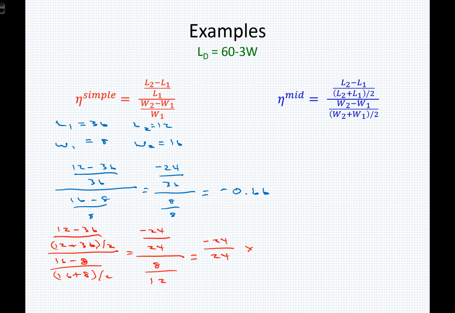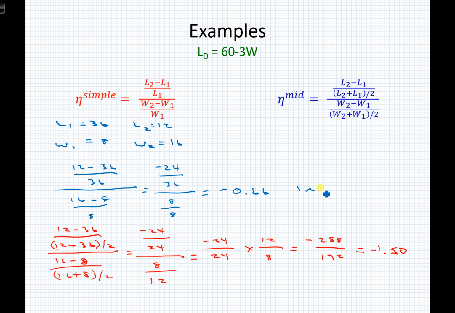And let's just multiply this by inverting the denominator. And when we do that, we see what we end up with is negative 288 divided by 192, which is now negative 1.5.